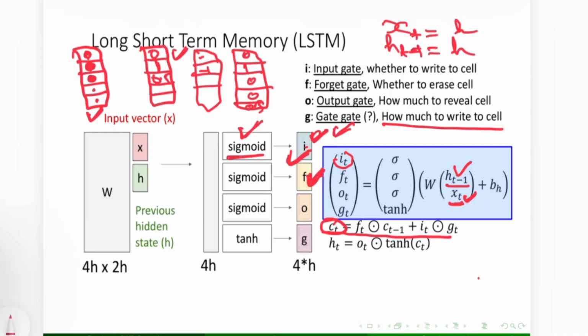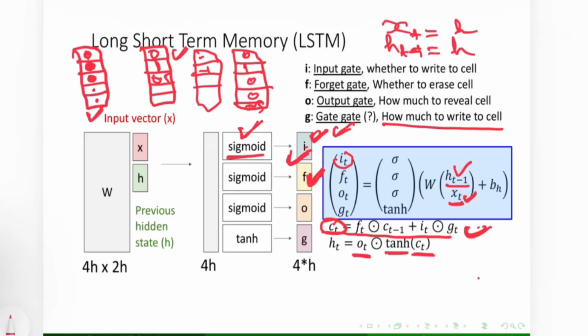So for that, what they have done is they applied tanh over this CT. So whatever CT you got here, after doing all these things, then apply tanh over that, just for putting in the nonlinearity. And then they have applied another gate over that, and that is called output.